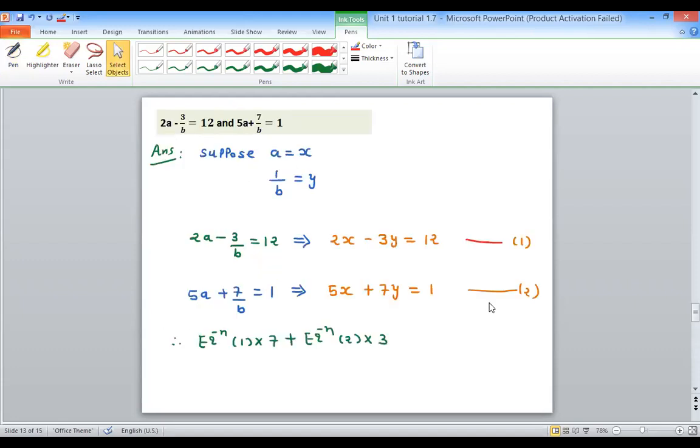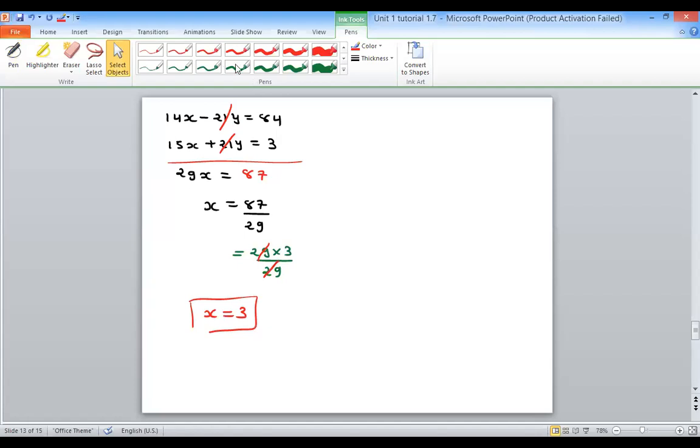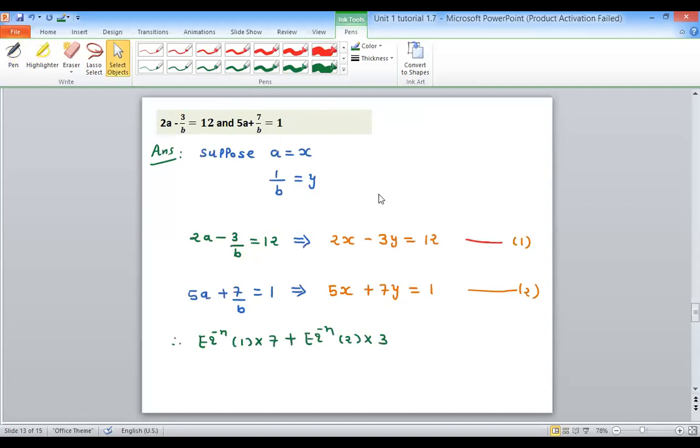Put in any equation 1 or 2. x is equal to 3, I'm putting in equation number 2. So from 2, I put x is equal to 3 in equation number 2. And my equation 2 is 5x plus 7y is equal to 1.